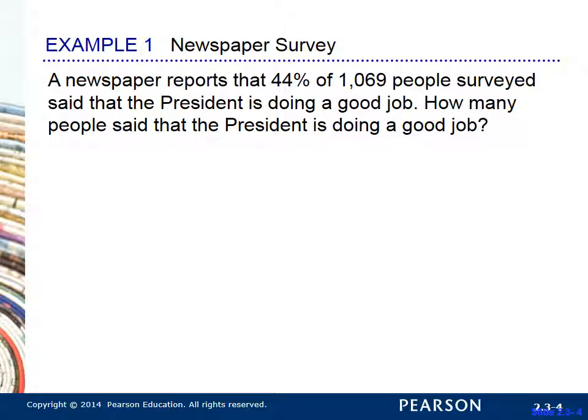So how do I use percents? Alright, if you notice on your section notes, it reminds you that if you have the percent of something, you're going to multiply. So if a newspaper reports that 44% of 1,069 people surveyed said the president's doing a good job, if I want to get the actual number, I'm going to multiply the percent by the total, but I have to remember to move my decimal place first.